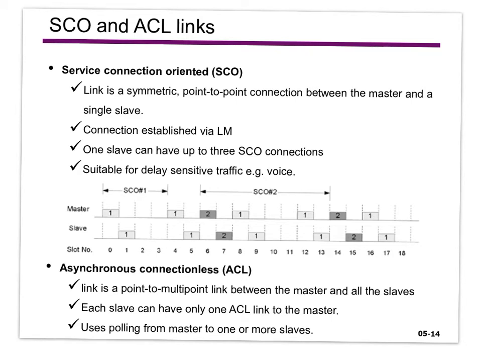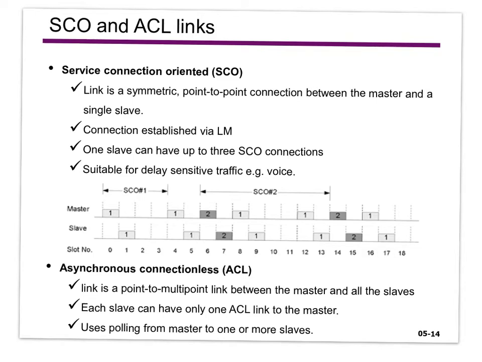All the other slaves can have ACL connections, but not SCO connections. Okay? So it's 3 because SCO is by default bidirectional. So the master cannot have more than 3 concurrent SCO connections, and the slave cannot have more than 3. But if a slave has 2, then another slave could have 1.